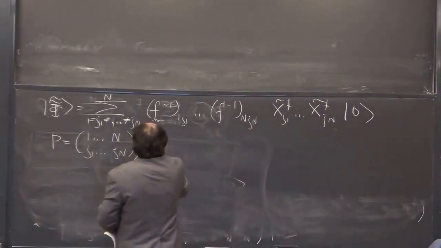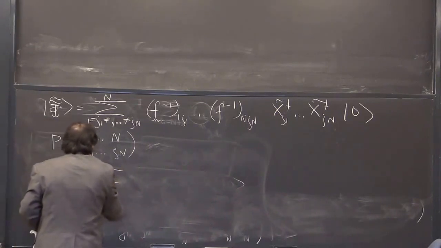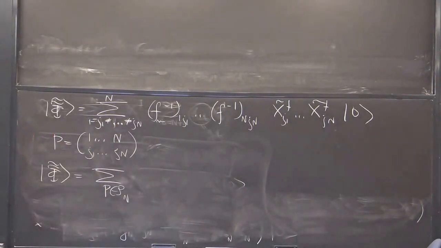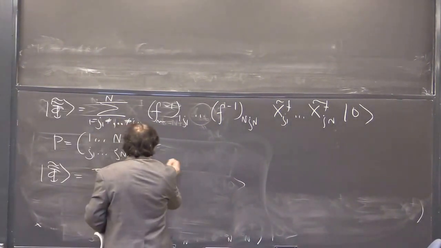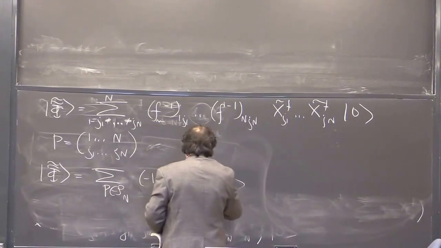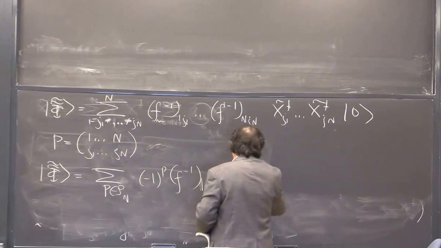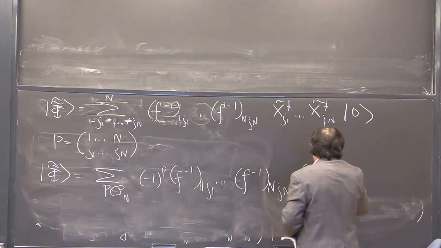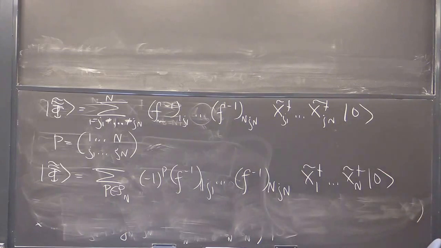So I end up with the formula that phi double tilde is a summation over permutations now, because all these j's are some permutation of 1 through n, and then we end up with the sign of the permutation, f to the minus 1, 1 j1, meaning the permutation of 1 into j1, then f to the minus 1, n jn, and then you have x1 dagger tilde through xn dagger tilde acting on the vacuum.